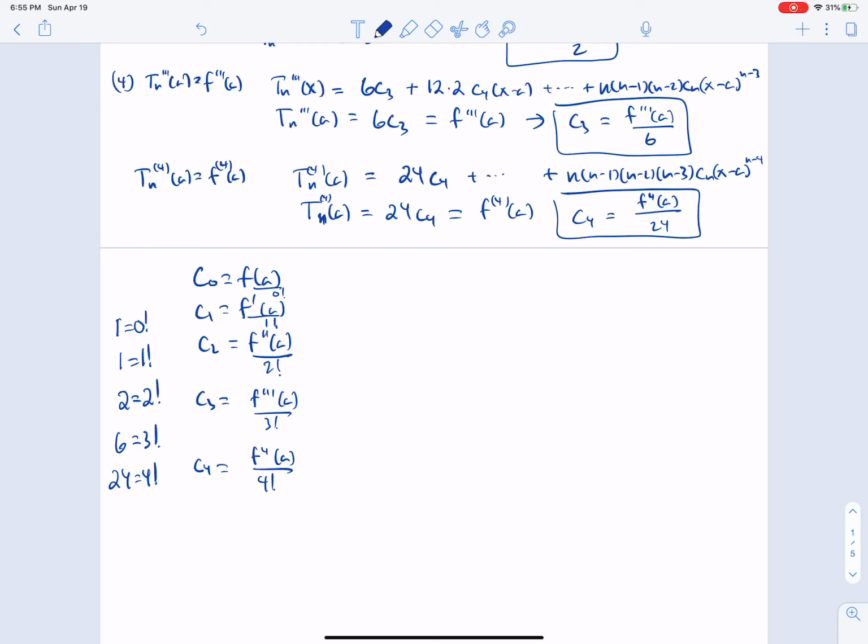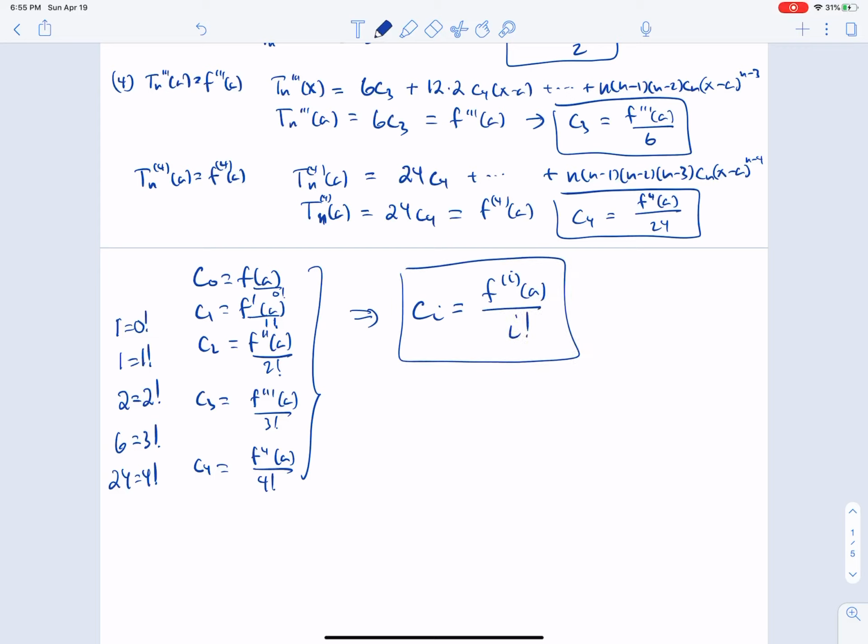And so perhaps we're beginning to believe that C sub i is going to be the ith derivative at A over i factorial. And this is in fact what's going to happen. That's what these coefficients should be in order to have the nth degree polynomial match up with the function that I've got at hand through its first n derivatives.